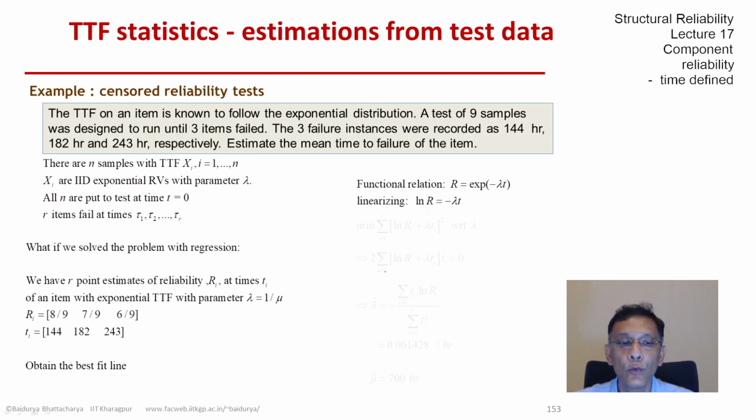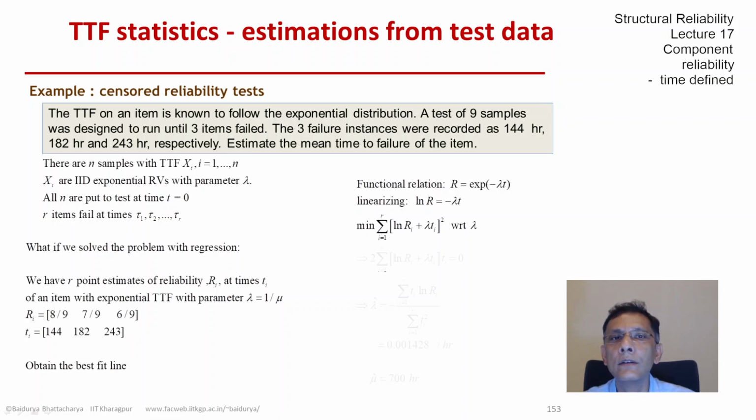And then we just minimize the squared error between the theoretical value and the observed value. So that would be minimize the sum of the square deviations. There's a plus sign there because of the negative lambda t in the previous line. So we need to minimize this sum with regard to lambda.